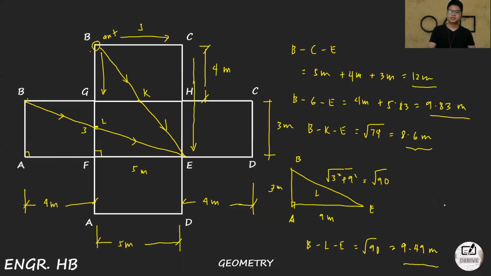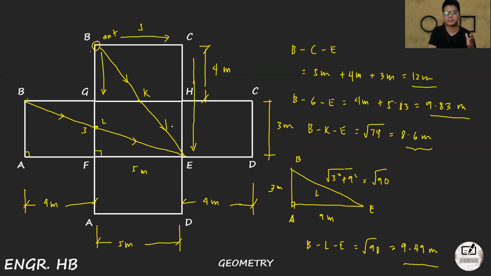Okay, so that's our last option. So, ibig sabihin, sa apat na pwede niyang paglakaran, kasi wala na akong naisip na pwede niyang paglakaran. So, pwede naman ito from point B to point C, then C to H, then H to C ulit, tas C to D, tas D to E. Kaso, sobrang laki na ng distance yan. And it exceeds 12 meters.